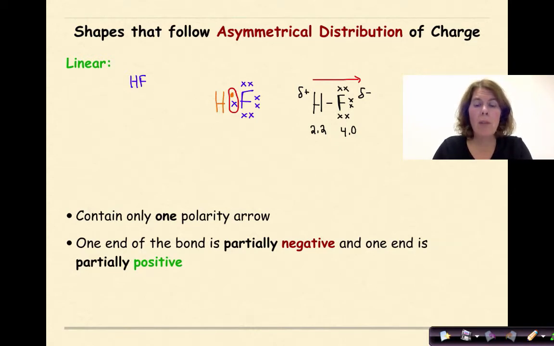So you have a polar bond and a polar molecule. That's really what you're looking for. So you're going to recognize linear polar molecules because they're going to contain only one polarity arrow. One end of the bond is partially negative and one end is partially positive.